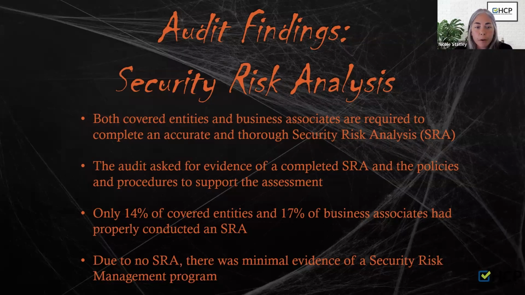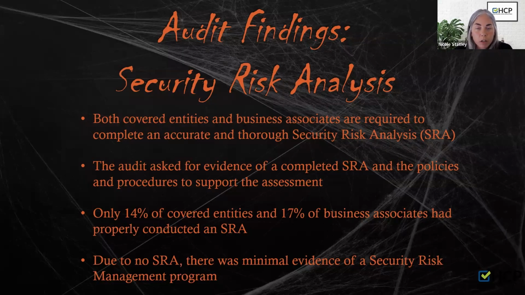So there were some that conducted an SRA, but it was insufficient. And then there were plenty within this audit who hadn't even touched an SRA before. They had no SRA, which also led to them having no security risk management program.